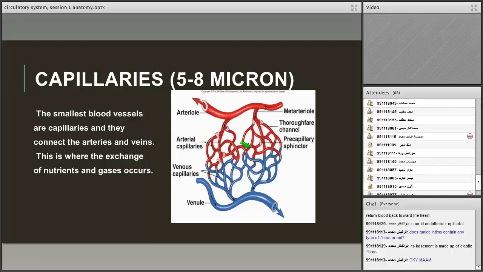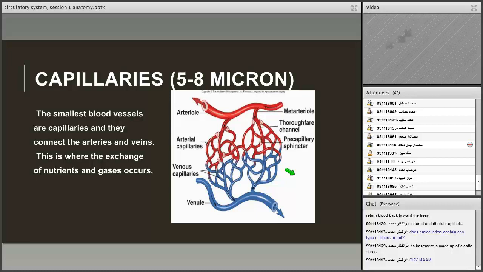But the capillaries, as I said, have just one layer of cells, which are called the endothelial cells. The junction of the endothelial cells in the capillaries is a kind of loose connection, and there are many gaps between these cells. So the nutrients, the proteins, the hormones, and other materials in the blood can pass through the capillaries and come into the tissues, out of the vessels.